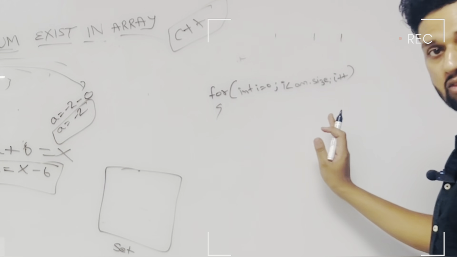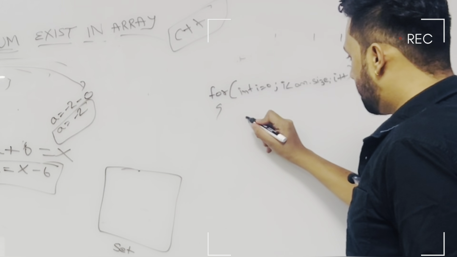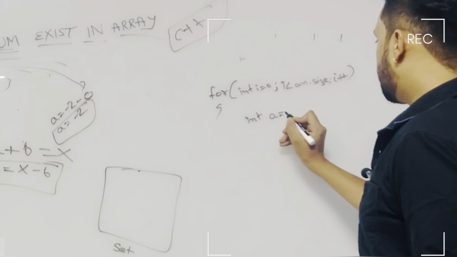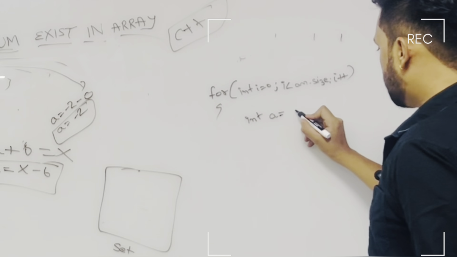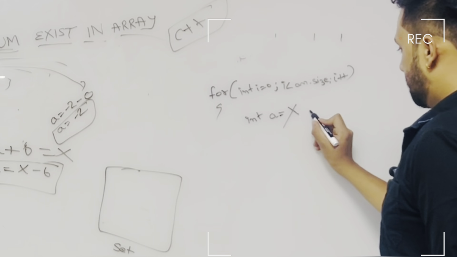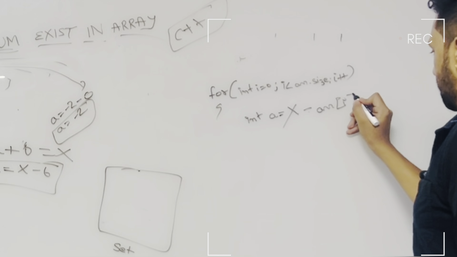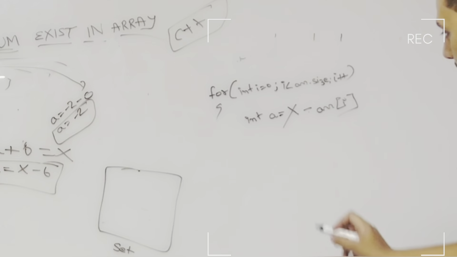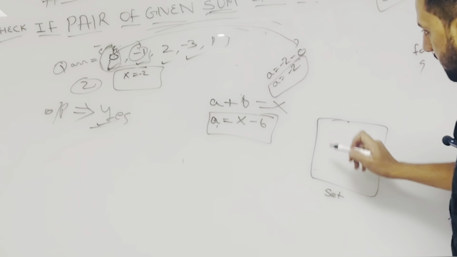The same thing we will do in the pseudocode: int a equal to x minus arr of i. So we have computed a, right? Now we have to search for this a in our set.